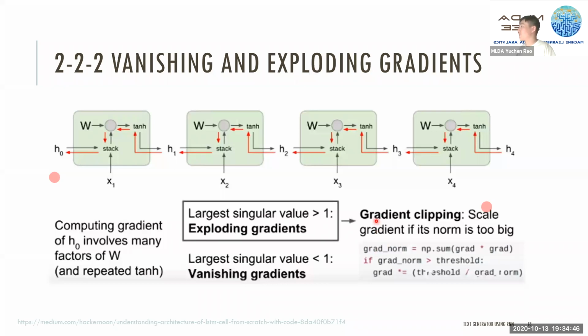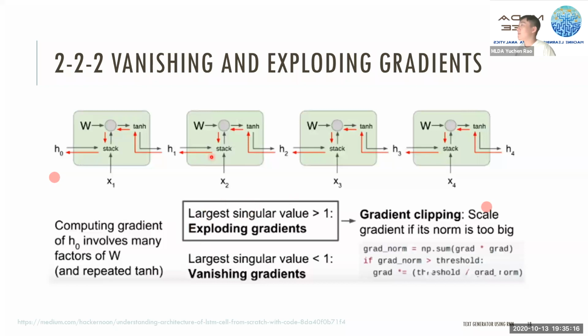We just do gradient clipping by a threshold. We compute the norm of the vector, and if this norm is larger than the threshold, we divide by the norm. So we compress it into a reasonable value that we can accept.